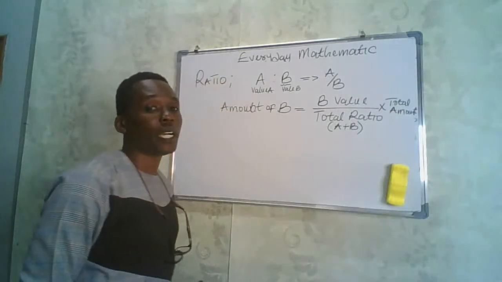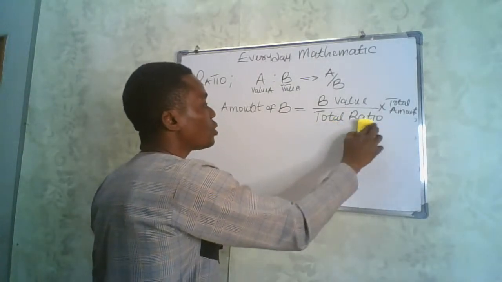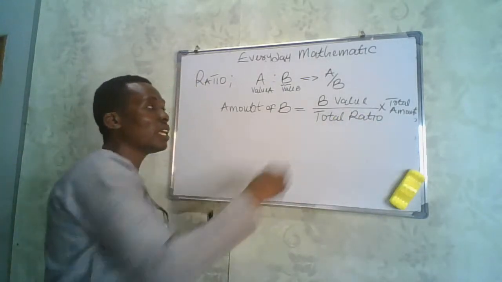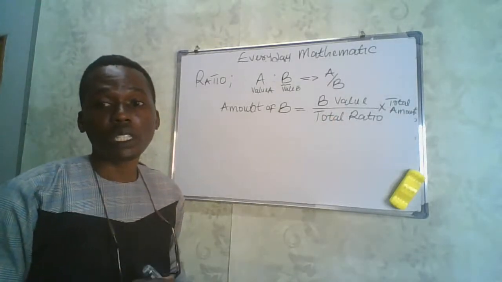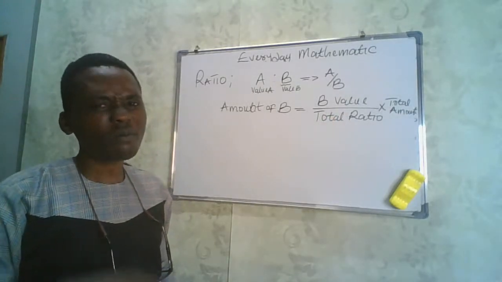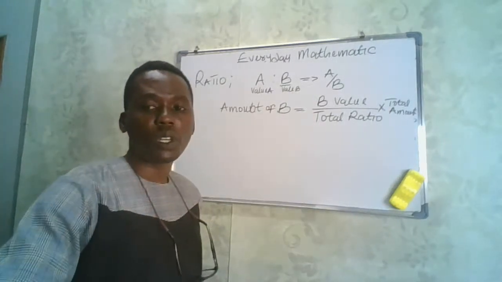This is not A plus B as amounts, because you have to find the ratio of A and the ratio of B, and when you add them, that gives you the total ratio. Maybe when we take an example, you will see this more clearly.